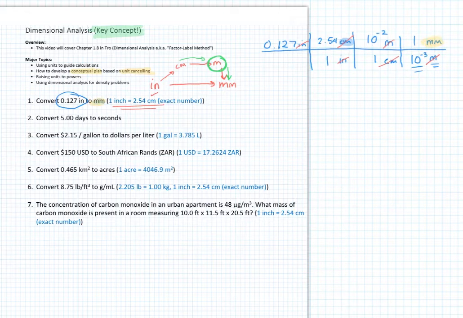Okay, and now you can get out your calculator and actually do this calculation, and this calculation is 3.2258 millimeters.